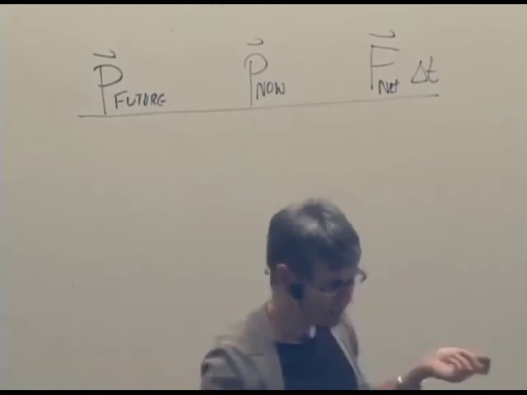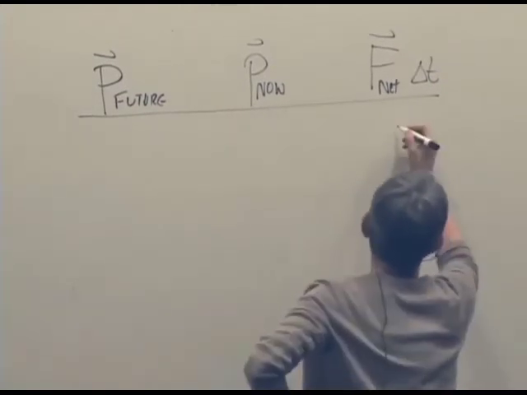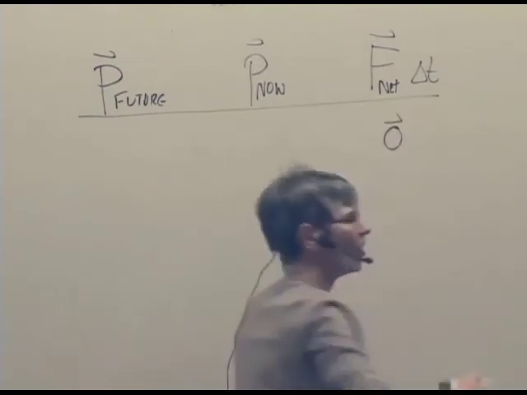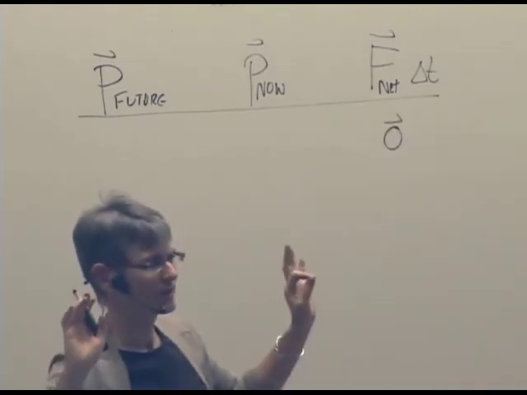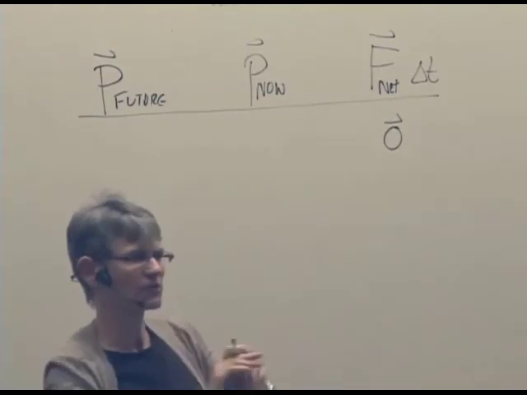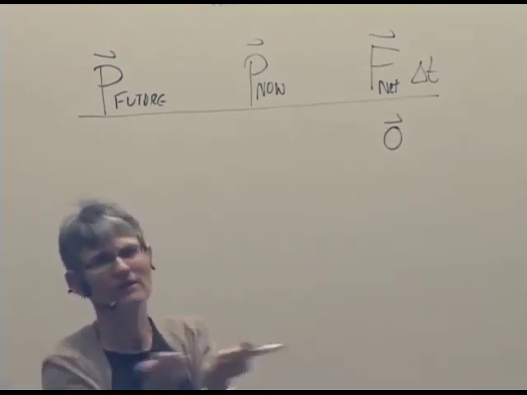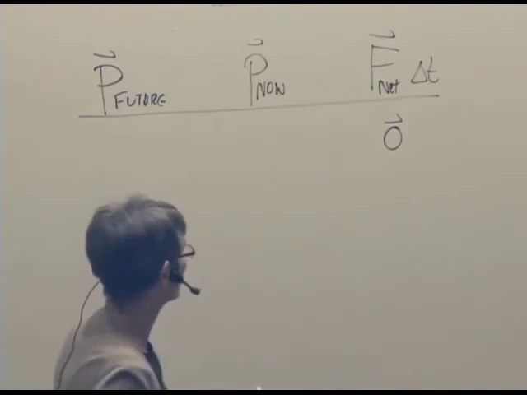Suppose that when we add up all the forces acting on our system, they add up to 0. There might be a force this way and a force that way, but they're exactly the same magnitude, so it could add up to 0.